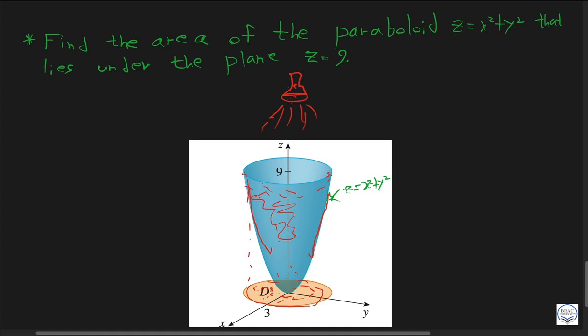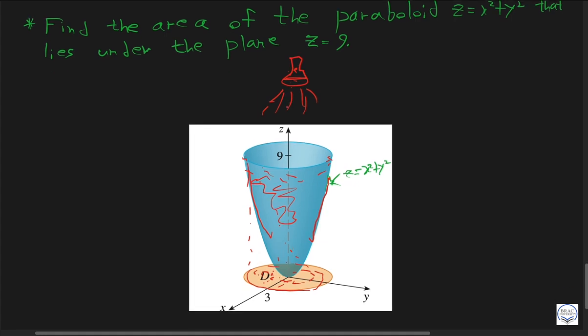What is this region? You can see from this diagram, this is just this entire circle. This entire circle is in fact the projection, the shadow that you're going to find in the xy plane.